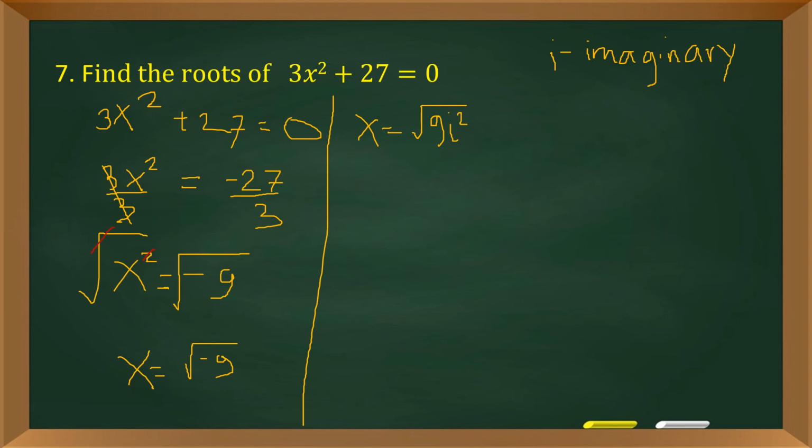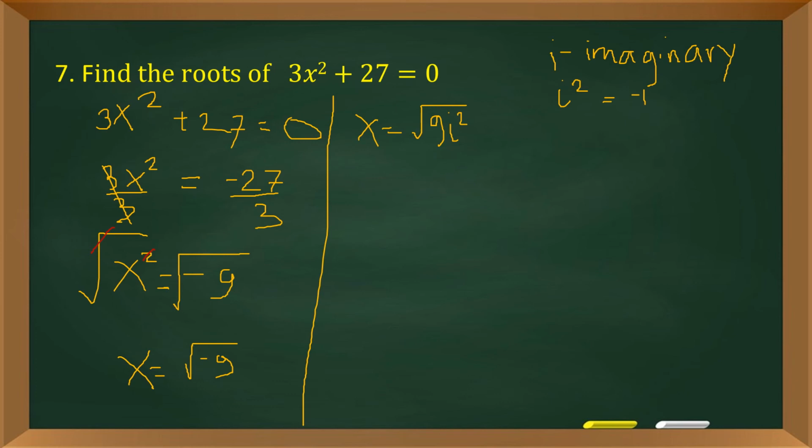Later on, when we study quadratic functions, these are the kinds of roots that don't touch the x-axis when we graph our parabola. So, i represents imaginary, and remember, i squared is equivalent to -1.